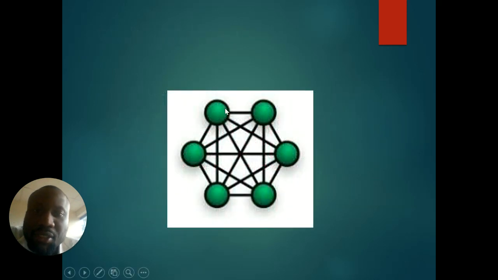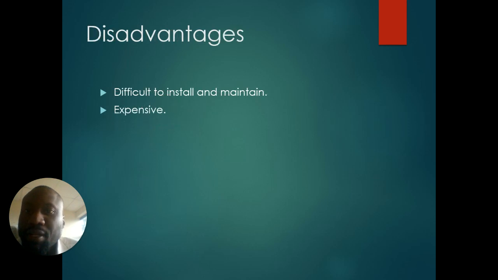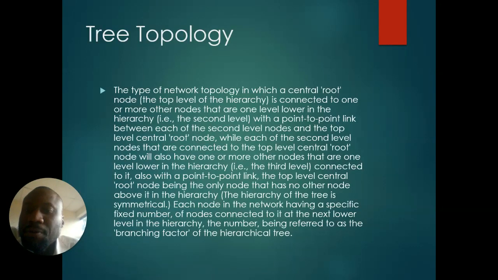So you can see there is so much cabling. This tells you one of the drawbacks of the mesh topology. Advantages: enhanced fault tolerance provided by redundant links, easy to troubleshoot. Disadvantages: difficult to install and maintain. It is expensive because you have already seen the amount of cable that is needed for connectivity.